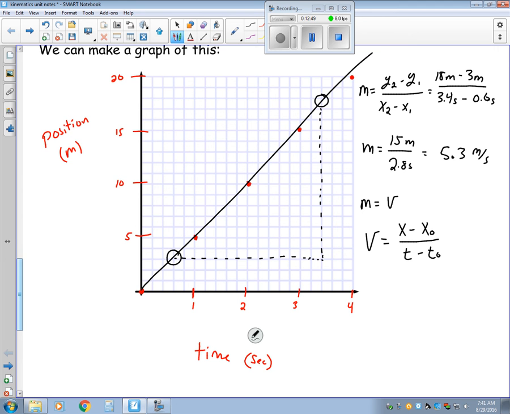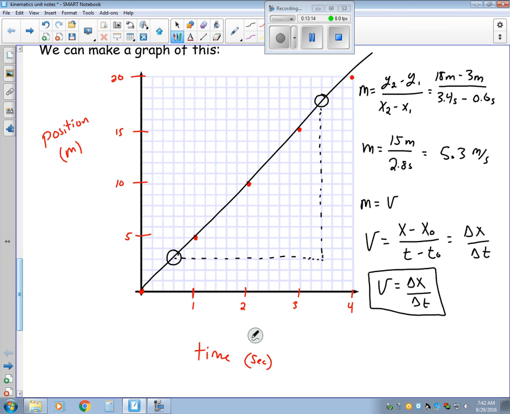If you look at your y2 and your y1, that's like an x minus an x naught, and your x2 and x1, that's really time, t minus initial time. That then gives us delta x over delta t. So velocity is that right there.